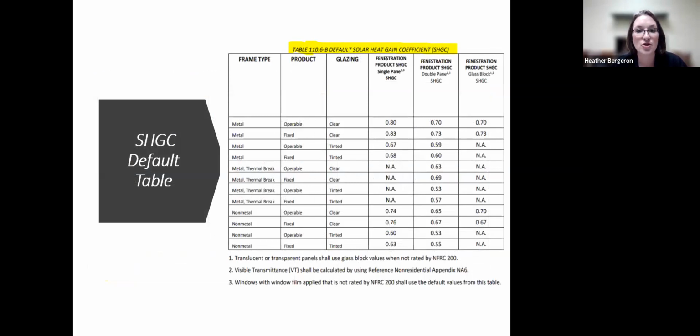If you choose a metal type frame with, say, for instance, clear glass and a fixed type of product, like a window wall or just a fixed unit here, you can see that in a double pane, the solar heat gain coefficient can be around a 0.73, depending on the type of different products that you're choosing here.